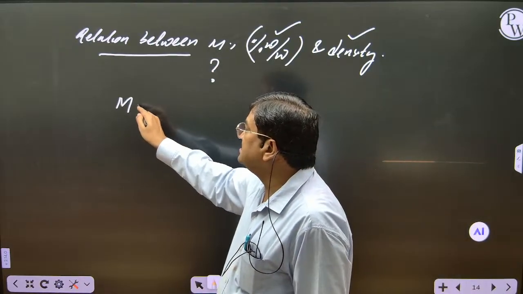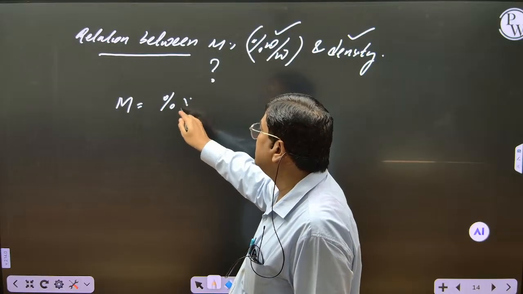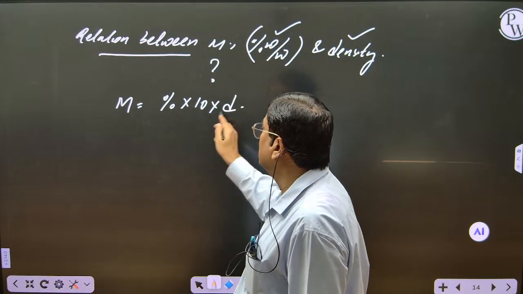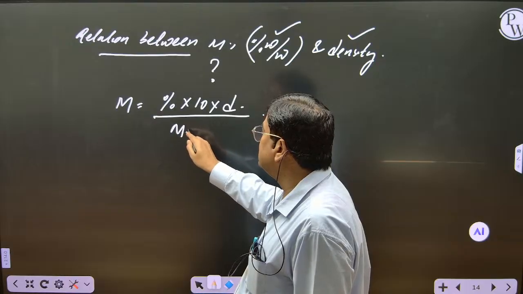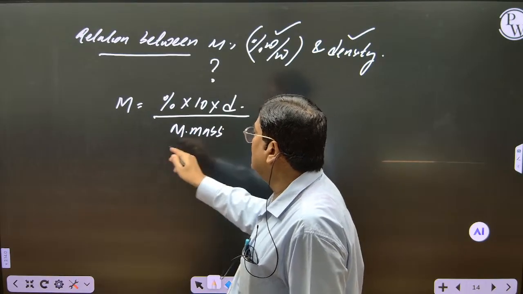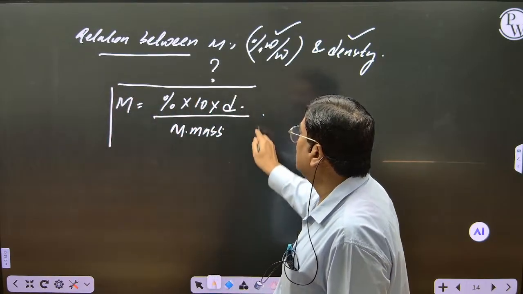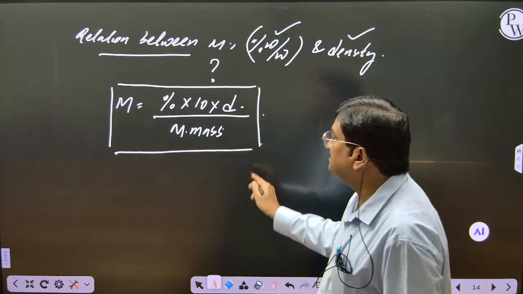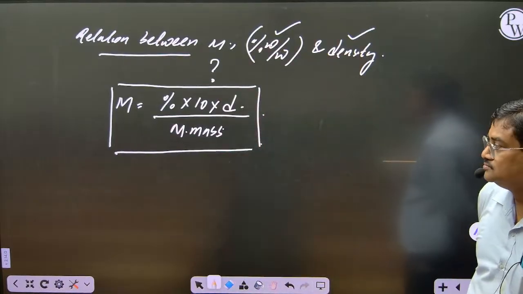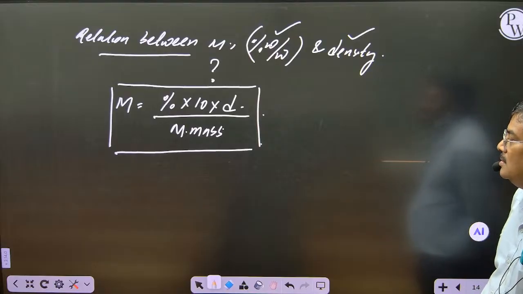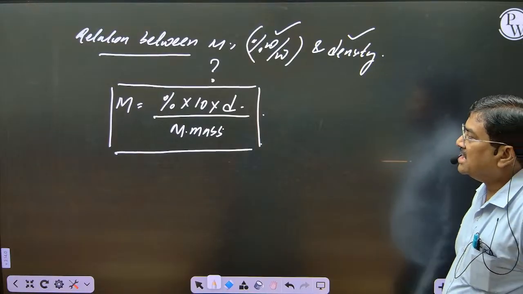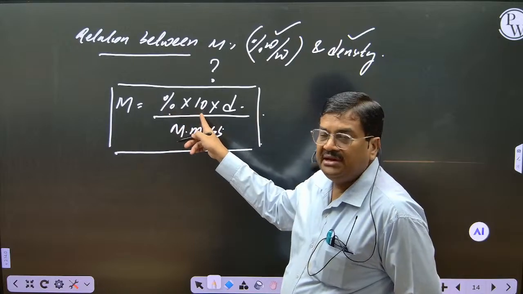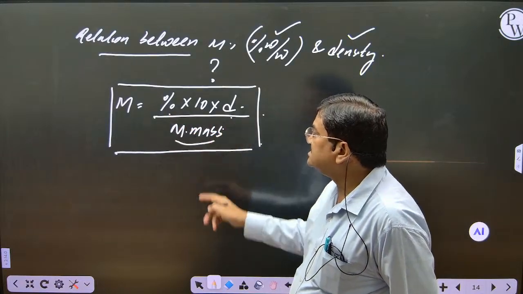See, molarity is given by percentage mass into 10 into density by molar mass. This is the relation to find molarity by knowing mass percentage and density.